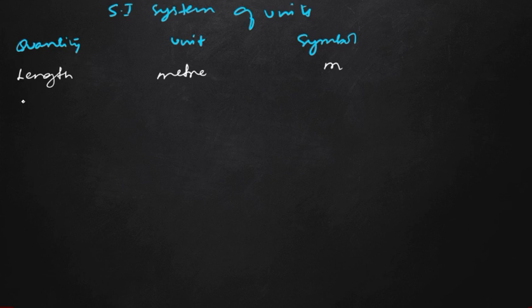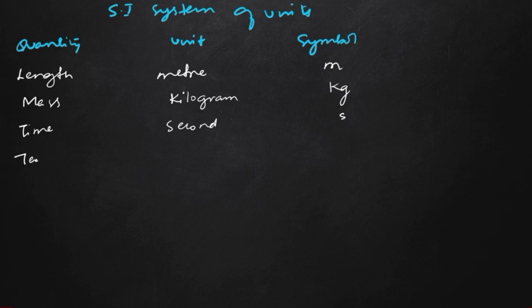For mass, we use kilogram, and the symbol is kg, small k, small g. For time, we use second. It is represented by small s. To measure temperature, we use Kelvin. The unit is Kelvin and it is written as capital K.